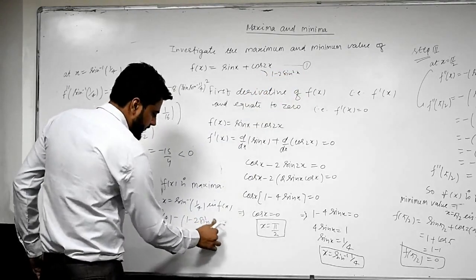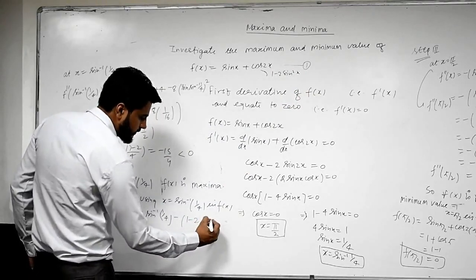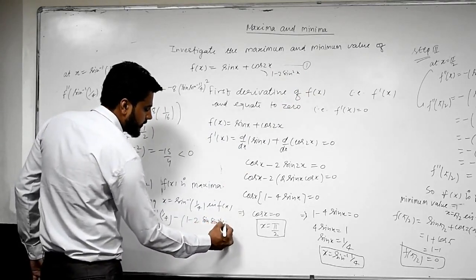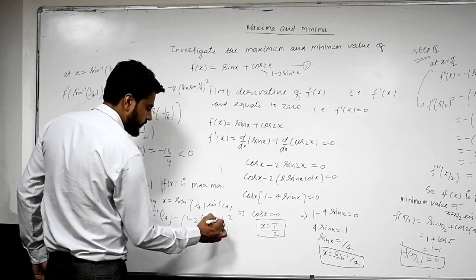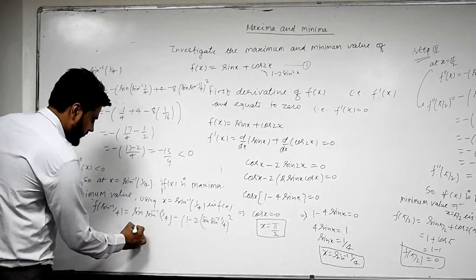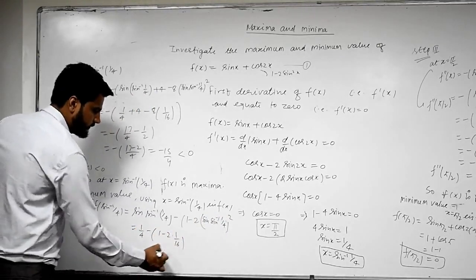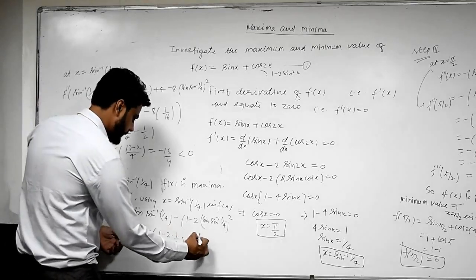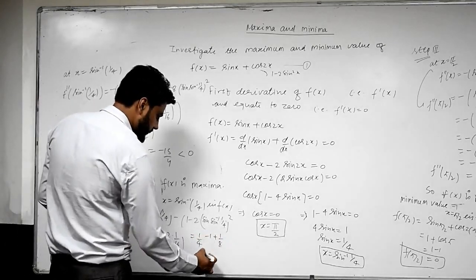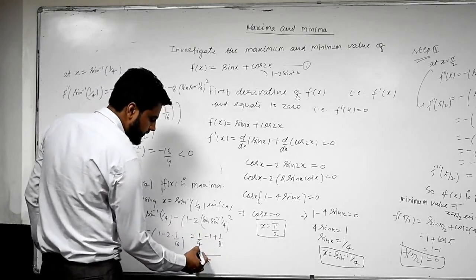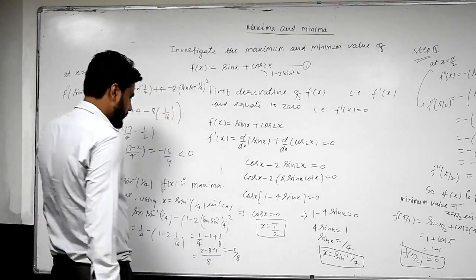So 1 minus 2 sin square x, where sin x is sin inverse 1 by 4 whole square. So that means this is 1 by 4 minus 1 minus 2 into 1 by 16, that is 1 by 4 minus 1 plus 1 by 8. Taking 8 as the LCM: 2 minus 8 plus 1, minus 5 by 8.